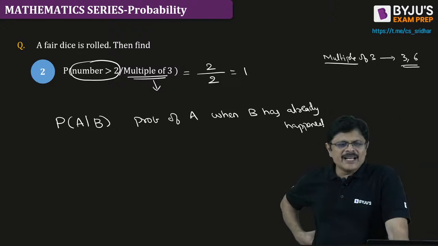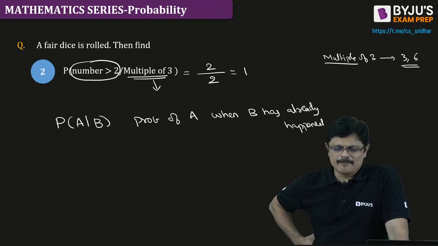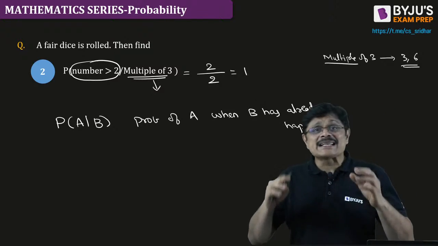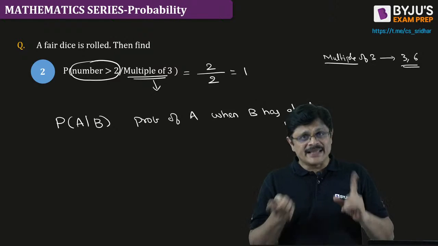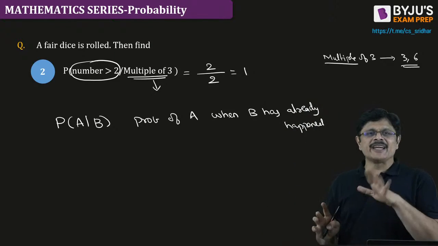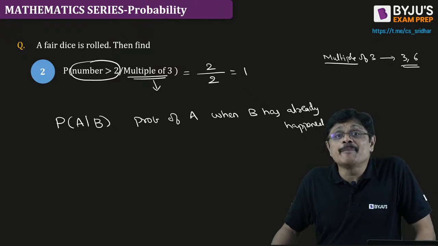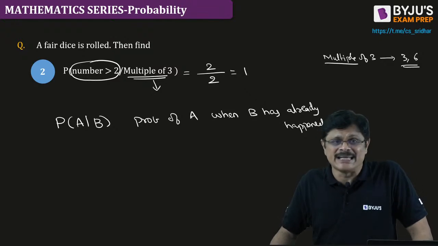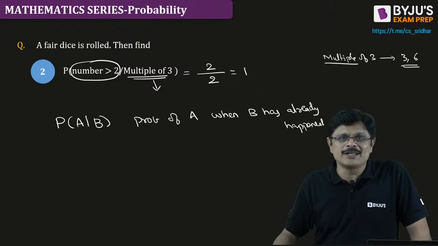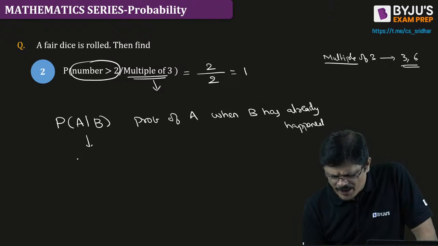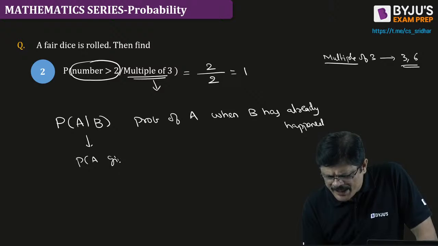A given B means probability of A when B has already occurred, happened. Then you are finding it. That is conditional probability. So we read it like probability of A given B.